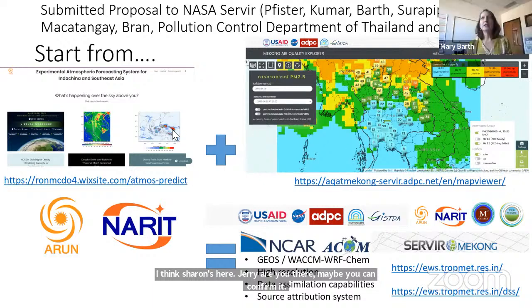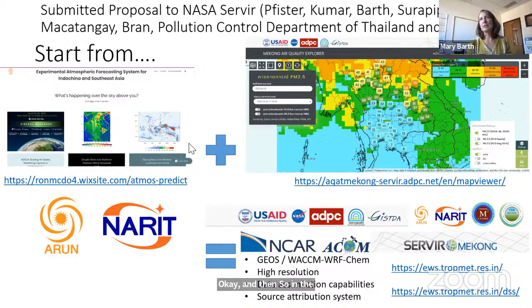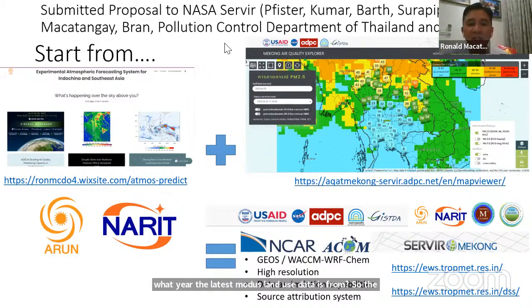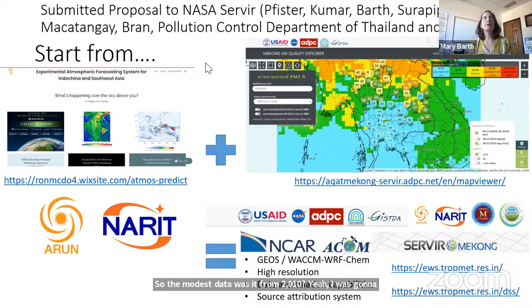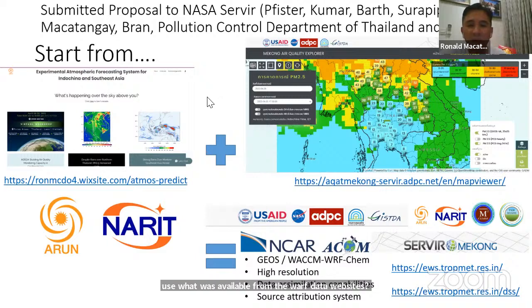The next question is, do you know what year the latest MODIS land use data is from? The MODIS data, was it from 2010? I can't remember. Did you download your own MODIS land use data, or did you use what was available from the WRF data websites? I think we used the one available from the WRF websites.